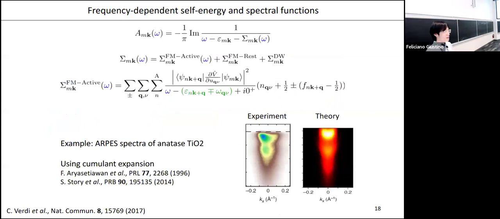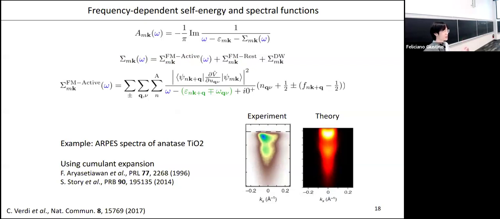So far I've been talking about the self-energy or band structure renormalization, which gives a single number that corrects your eigenvalue. And you can generalize it to the calculation of the full self-energy by adding a frequency dependence in your calculation. The only term that becomes frequency dependent is the active space Fan-Migdal term, because the rest space Fan-Migdal term is frequency dependent, but only at the scale of this rest space.